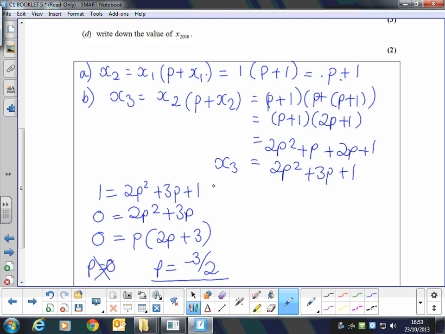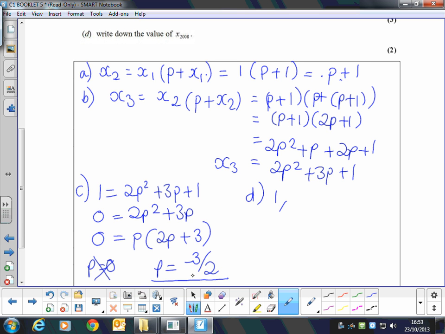Last bit, part D, so this was part C. Part D asks us to write down the value of x2008, the 2008th term. So if we look at this, our first term x1, we were given it to be 1. Our second term x2 is going to be p plus 1.